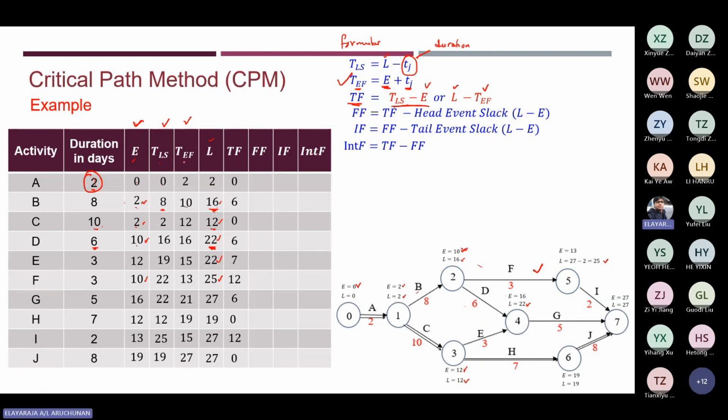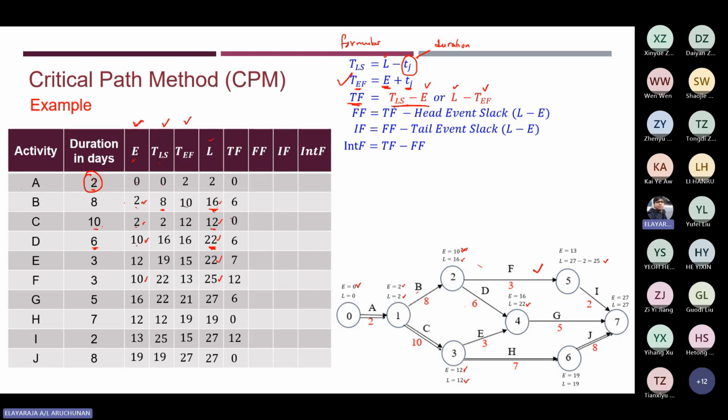But please be aware that you can see all the critical parts: A, C, H, J, as I said earlier. If the activity is critical, the float will be 0.